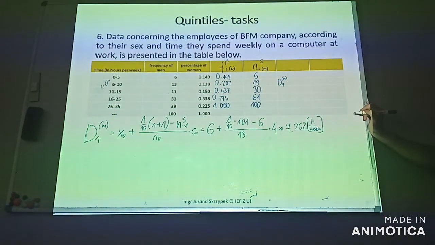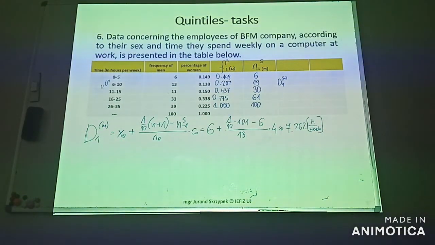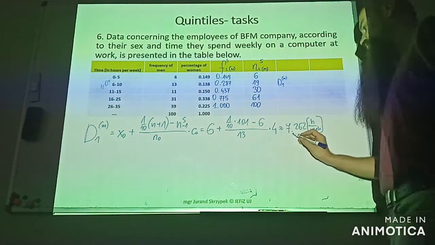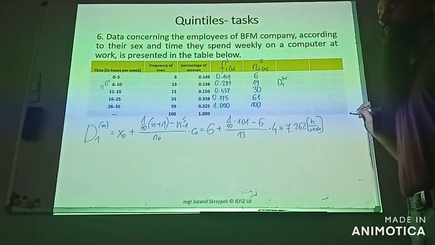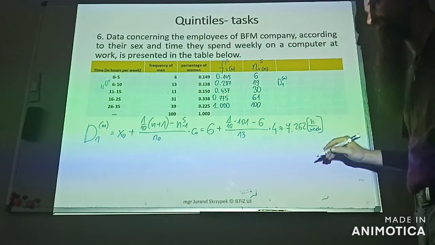The interpretation is the following: 10% of male employees who spend the least time in front of the computer spend not more than about 7 hours per week in front of the computer.